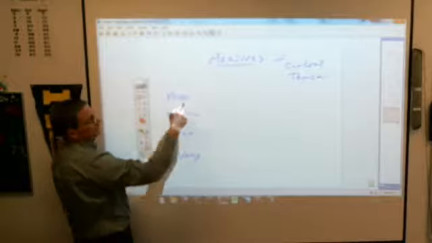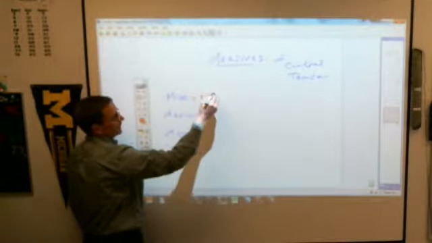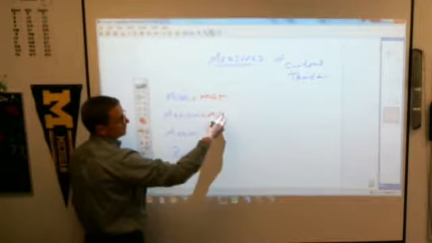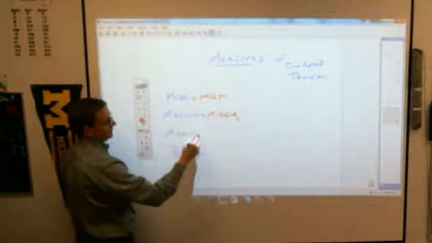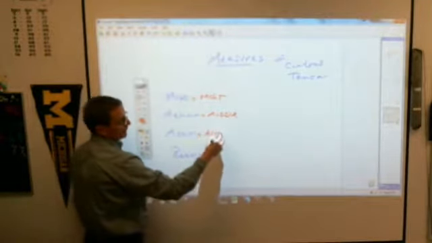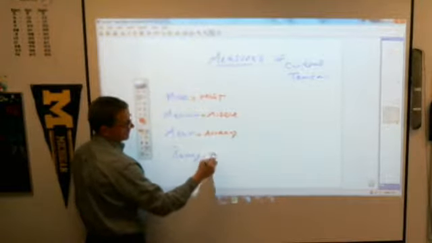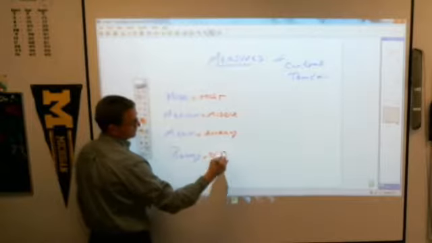Mode is simply the number that shows up the most. Median is the middle number, mean is average, and the range is the difference between big and small.